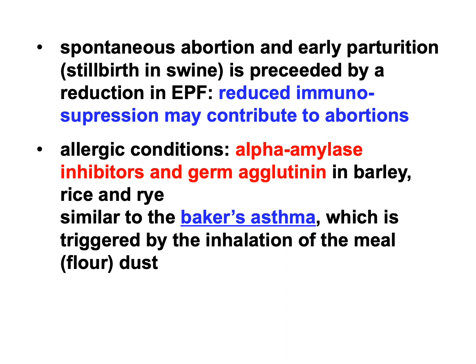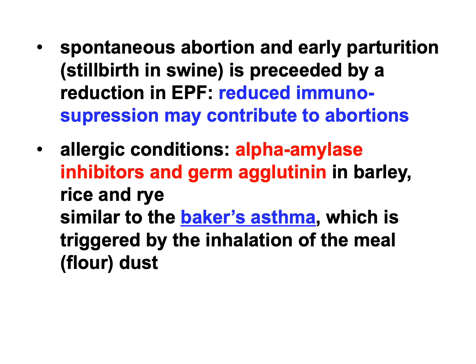Allergic conditions can contribute to this topic, namely in the cereals. For example, in the cereals, alpha amylase inhibitors and agglutinin in the germ of the barley, rice, and rye may cause allergic conditions contributing to the abortion.